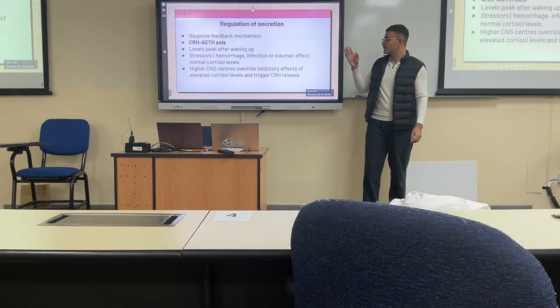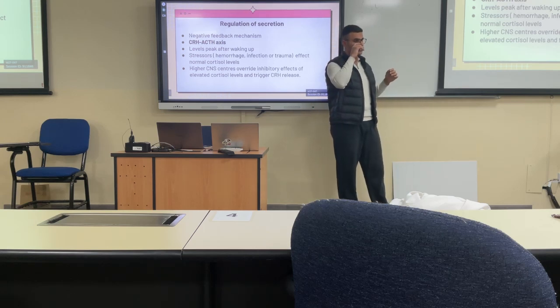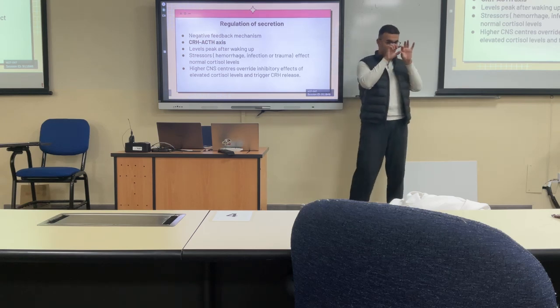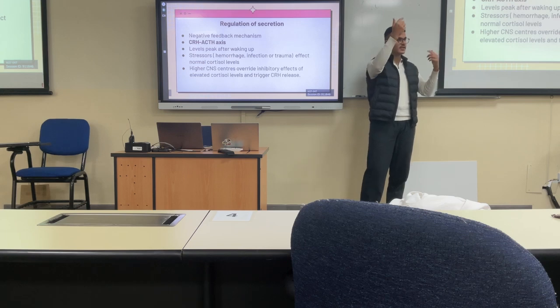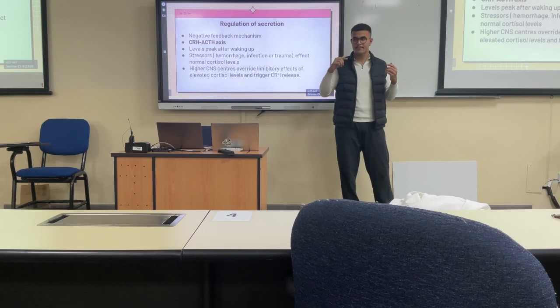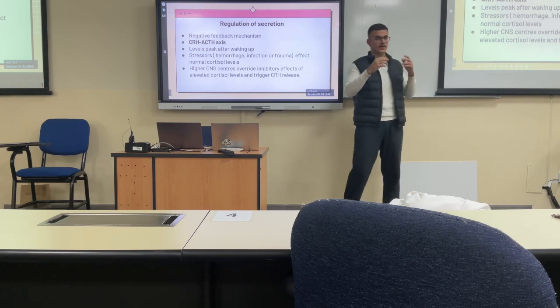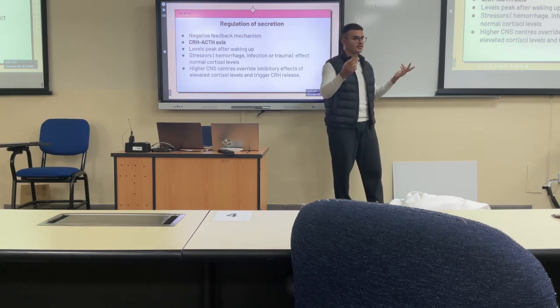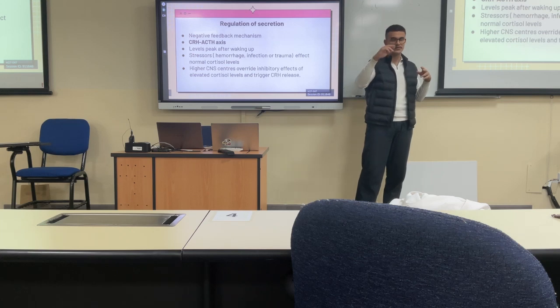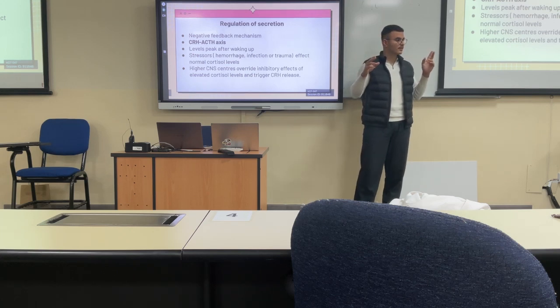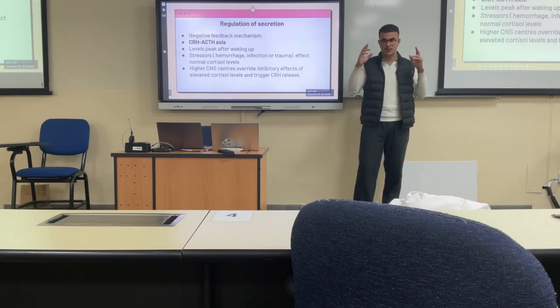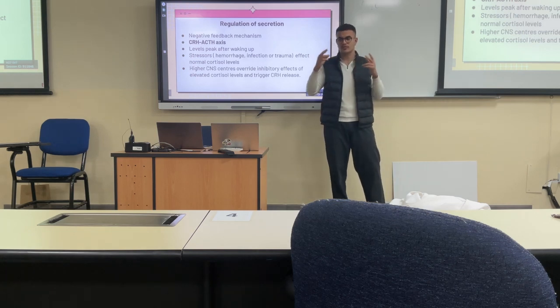So this is regulated by negative feedback inhibition. What does this mean? This layer is stimulated by ACTH. ACTH is coming from where? Adrenocorticotropic hormone, from the pituitary. And what stimulates this ACTH? The hypothalamus releasing hormone, which is CRH, corticotropin releasing hormone.